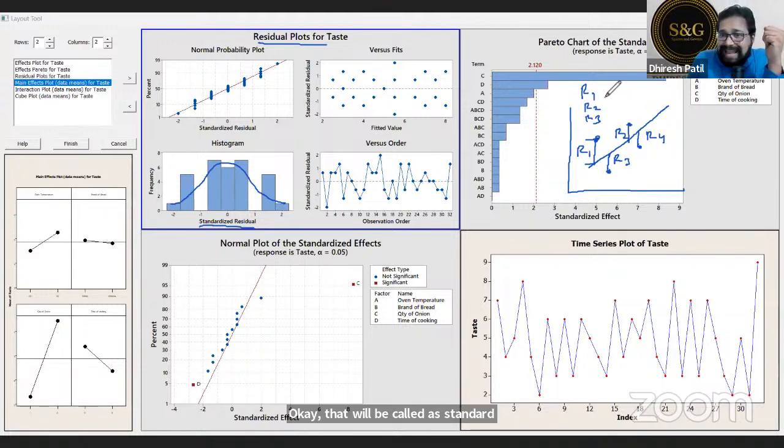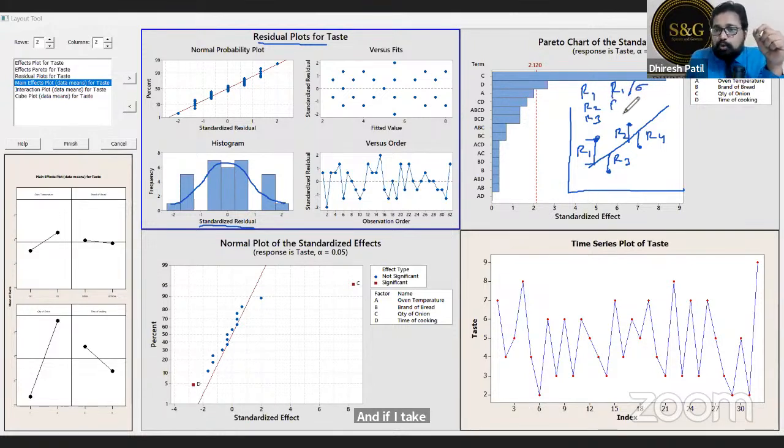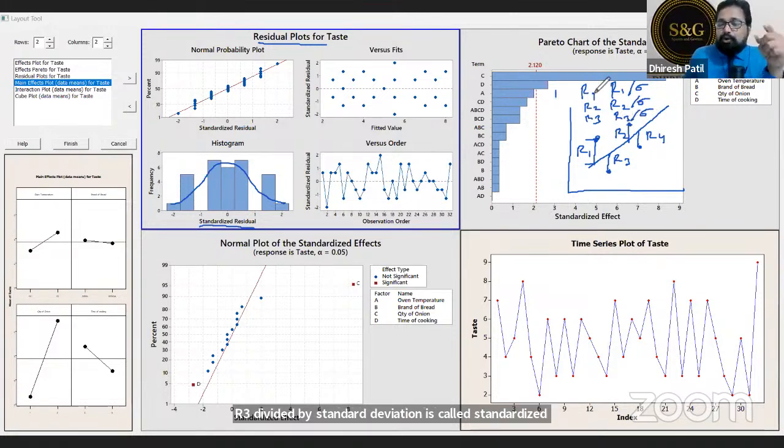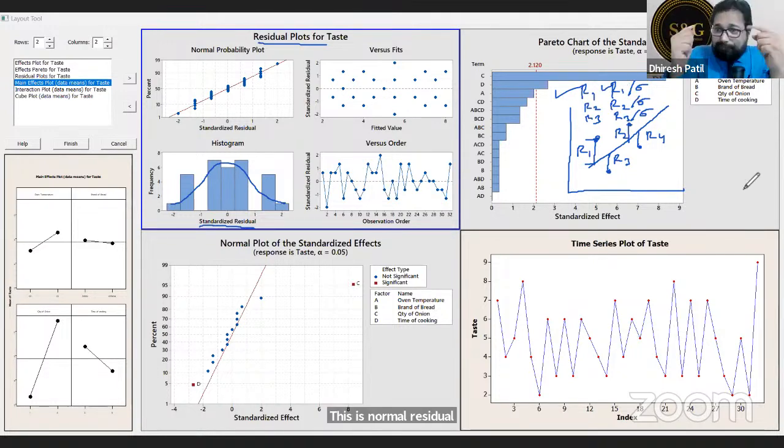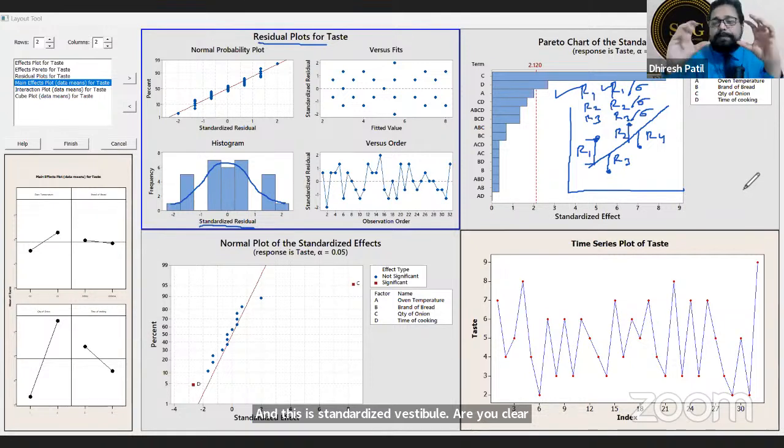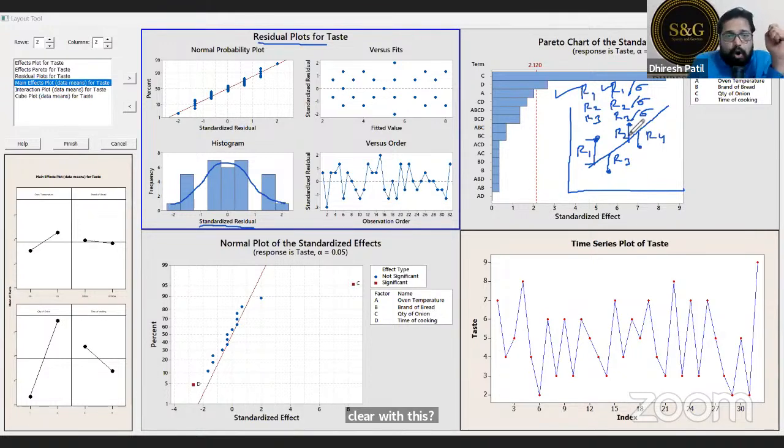And if I take R1 divided by standard deviation, R2 divided by standard deviation, R3 divided by standard deviation, it is called standardized residual. This is normal residual and this is standardized residual. Are you clear? If I divide the residual number by the standard deviation, it is called standardized residual. Are you clear with this? So they have created a histogram of standardized residual.